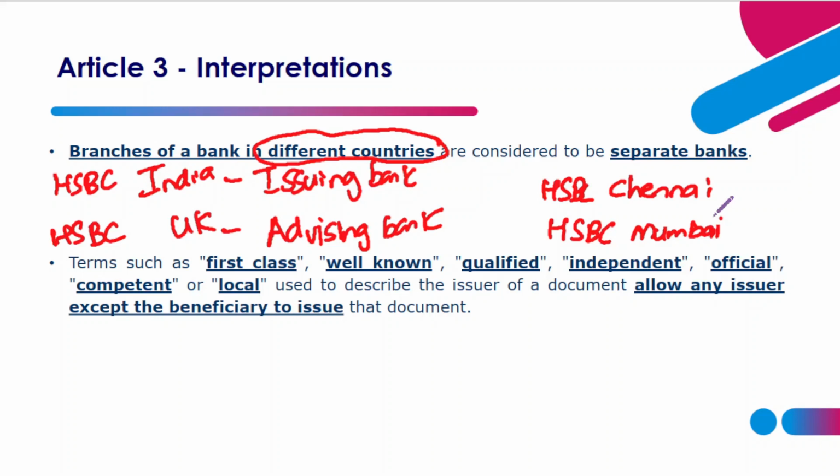These words, yes, it gives us a sense of quality, but that sense of quality or sense of standard is subjective. What's first class for me might not be first class for you. Or to make it even easier, what's well known for me might not be well known for you. So using these words creates ambiguity.